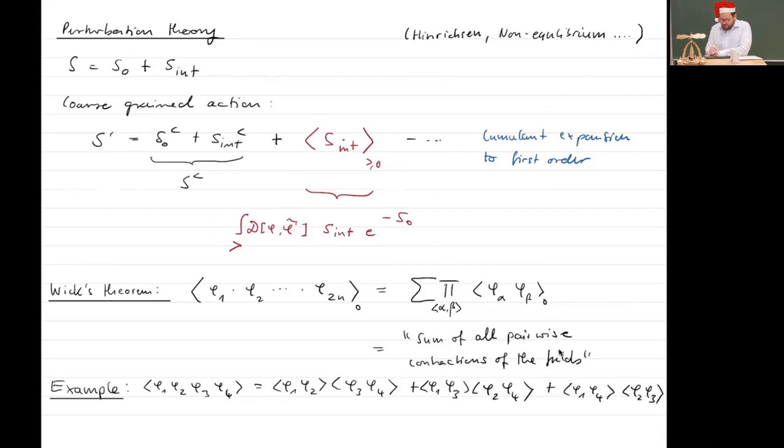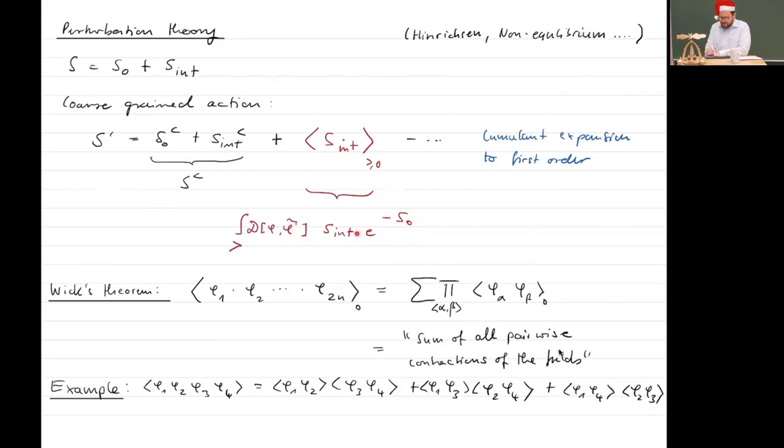The definition of this average is that we integrate only over the momentum shell, so the highest momentum we have in the system, and we weight the average not by the full action, but by the Gaussian action. That's the approximation. Then there are higher order terms that come on top of that.